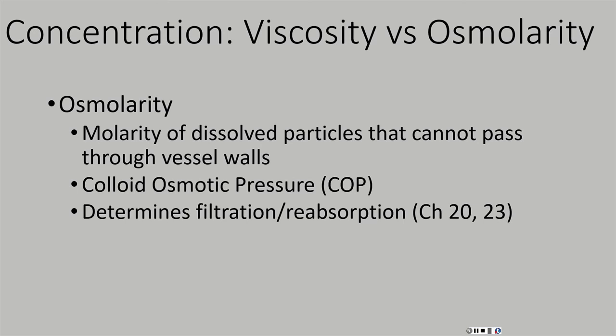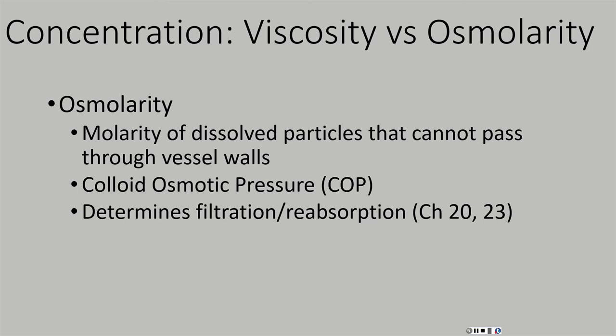If we just had plasma in our blood vessels, pretend that the red blood cells, the white blood cells, the platelets aren't there. Just pretend we have plasma, so water and all of the stuff dissolved in it is flowing through our blood vessels. Well, remember the proteins, especially that albumin, is pulling liquid towards itself.